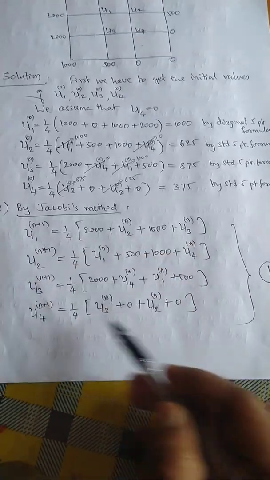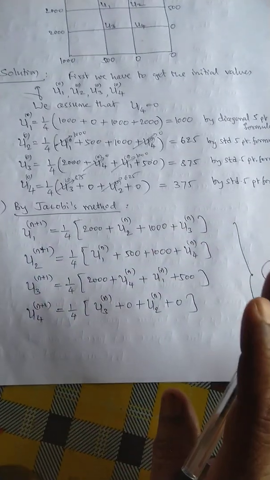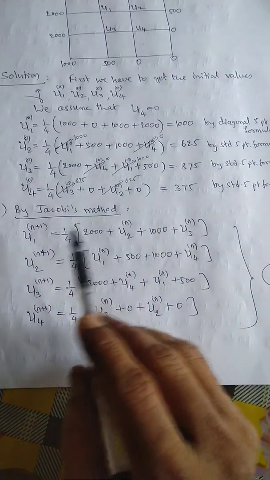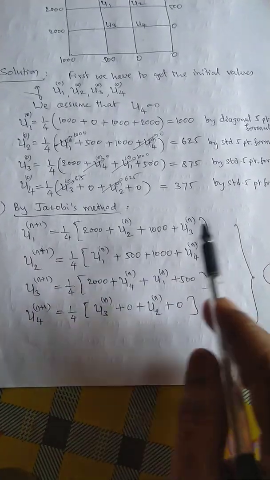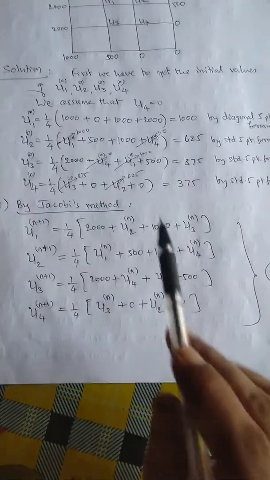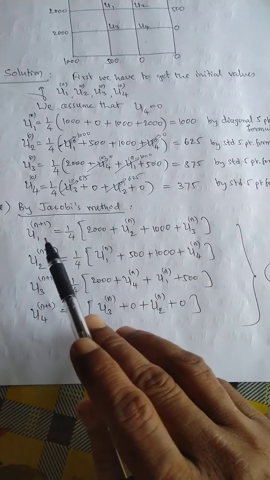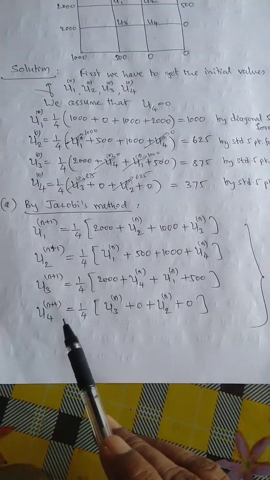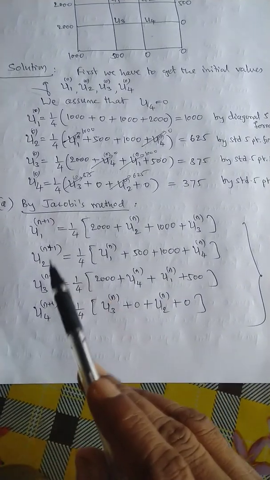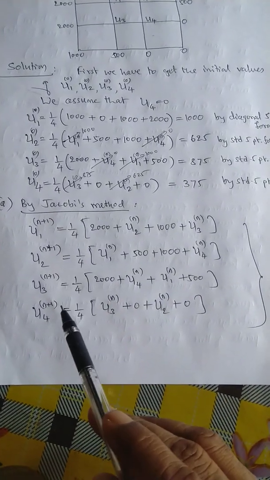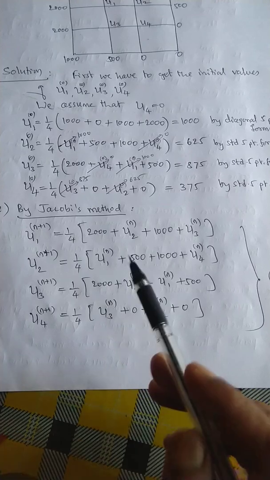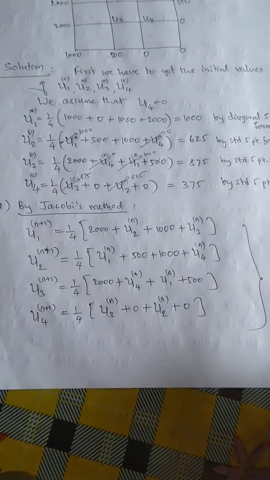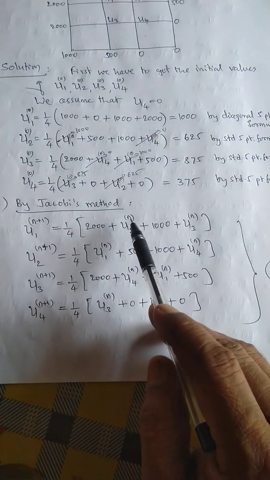So in this you go on putting n values, that's it, and nothing more. Just put n equal to 0, 1, 2, 3, 4. For n equal to 0 you have U1, U2, U3, U4 as the first approximation. For n equal to 1 you have U1 2, U2 2, U3 2, U4 2.